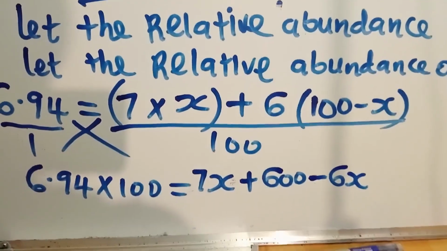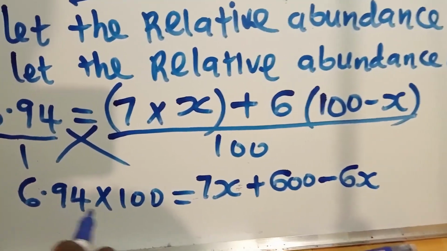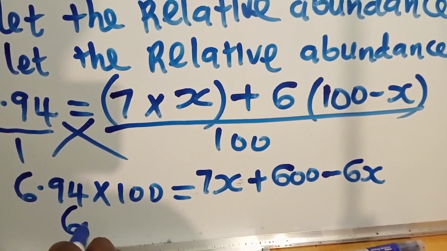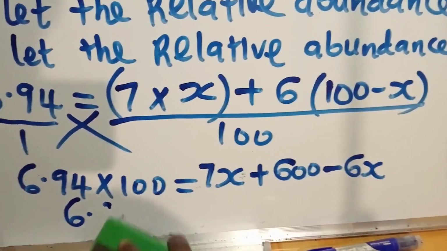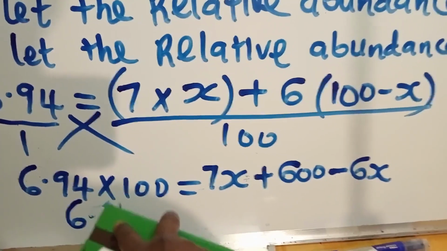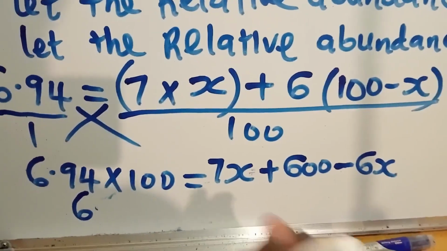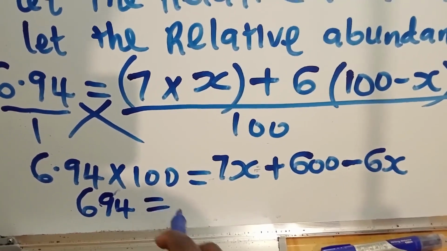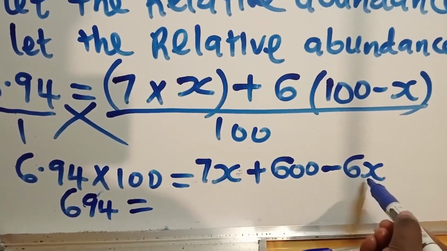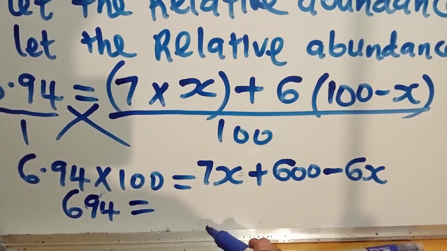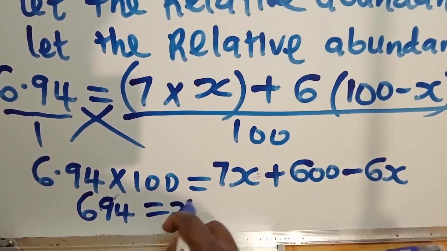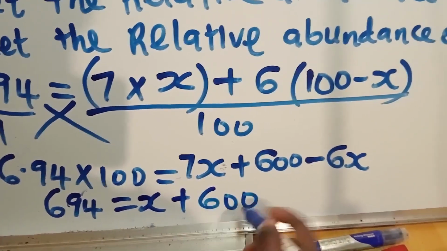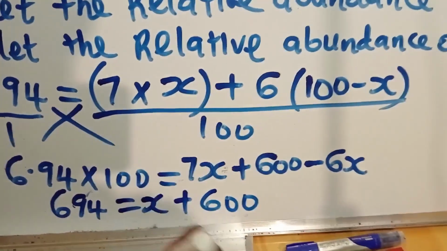Then we put the like terms together. But first of all, we multiply these ones. It comes to 694. The decimal is already gone. It comes to 694 as a whole number is equals to 7X minus 6X, we have X, plus 600. Then we again put this one to the other side.